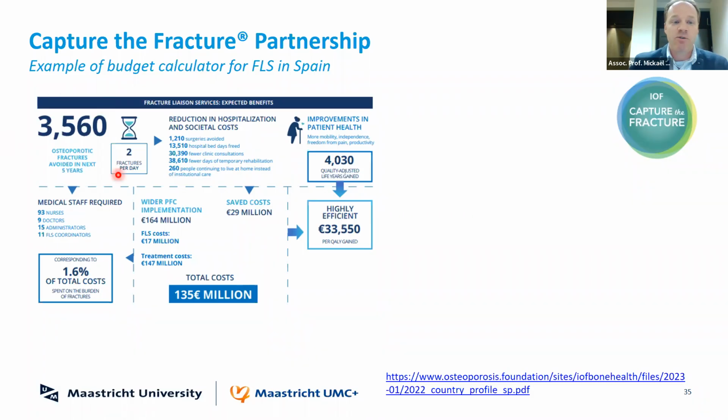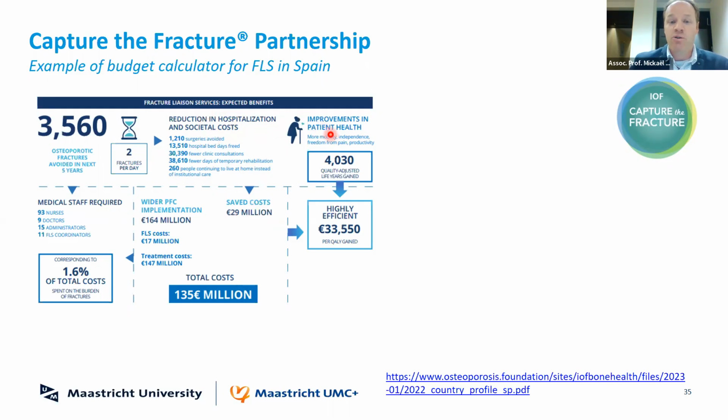And in this example for Spain, if we include fracture liaison services, we could expect to avoid more than 3,500 fractures in the next 5 years. This will lead to a reduction in hospitalization and societal costs for different aspects of hospitalization, leading to a saving of about 30 million euro.